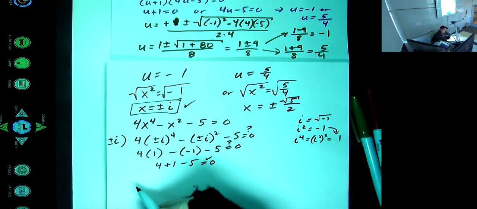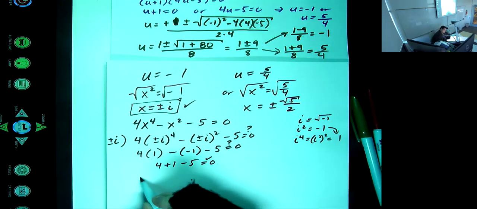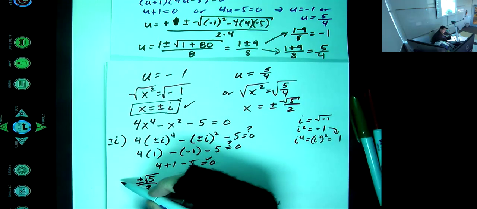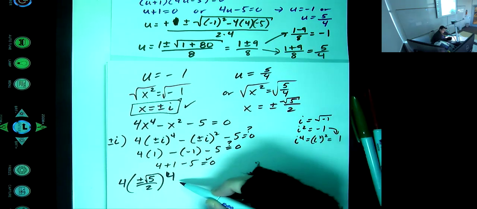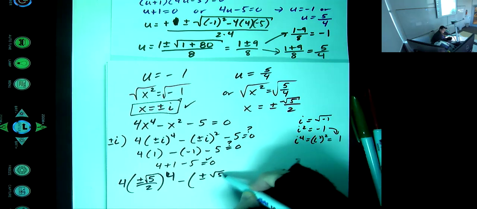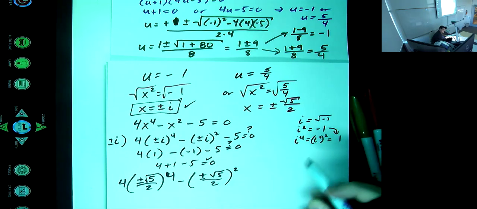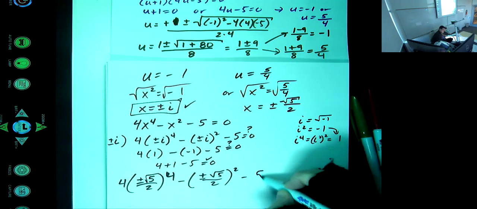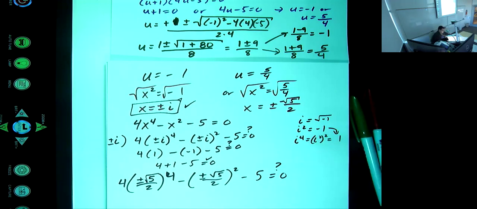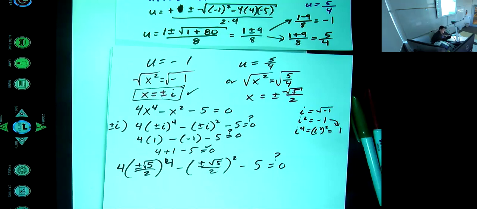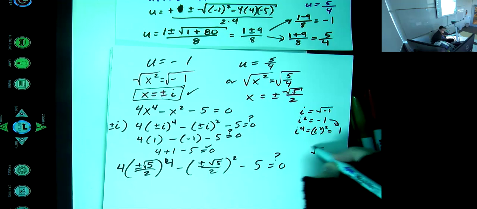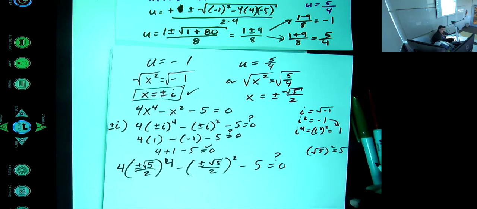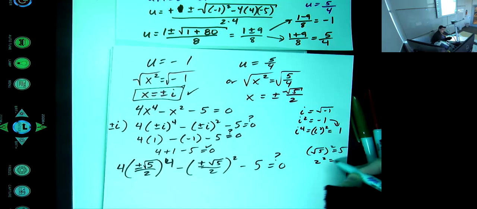Alright, what about the other one? So we got plus or minus the square root of 5 over 2. We're plugging that in. That to the 4th power, minus that to the 2nd power, minus 5. Does that equal 0? Now this is going to be uglier because it's got fractions. The square root of 5 squared is 5, 2 squared is 4.